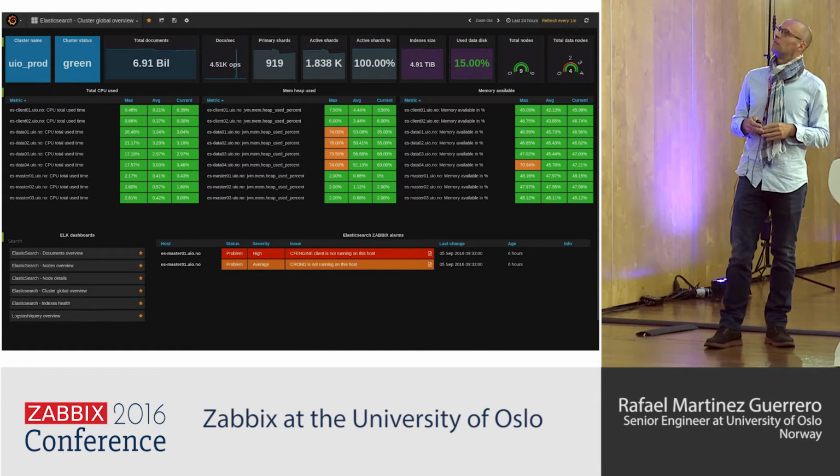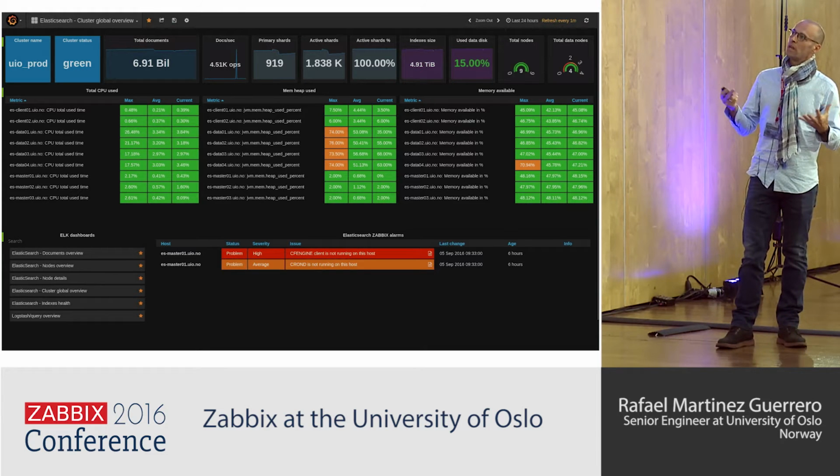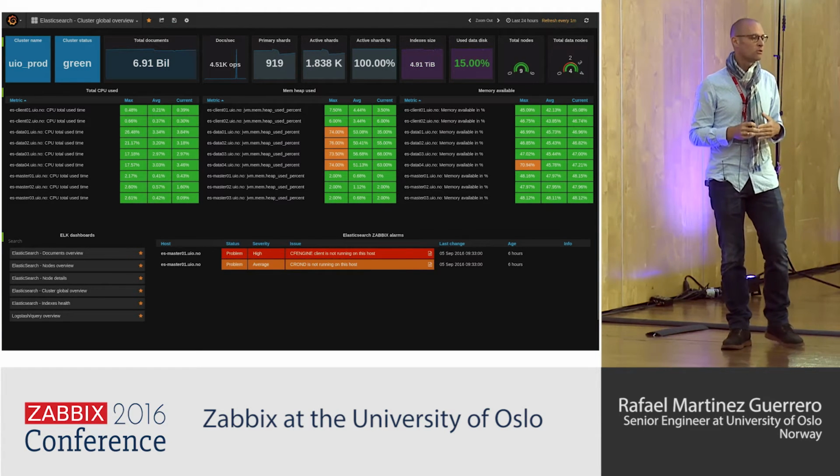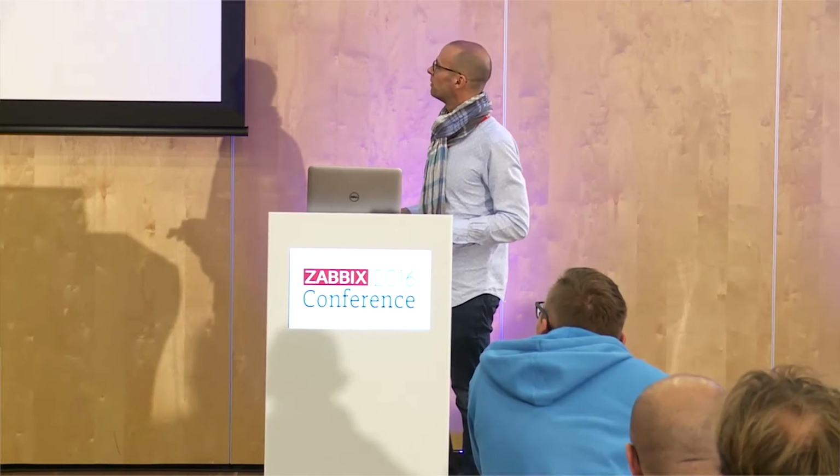Another example is our dashboard with Zabbix information about our Elasticsearch cluster. This one is using the latest version of the plugin and the latest version of Grafana, and it has really nice functionality with tables. You can show some trigger information from Zabbix directly in Grafana, and it works really well. And the best thing is that people can use this information from Zabbix and build their own dashboards with information from other systems. So really great integration job there.